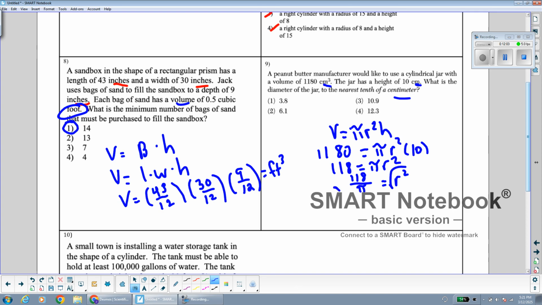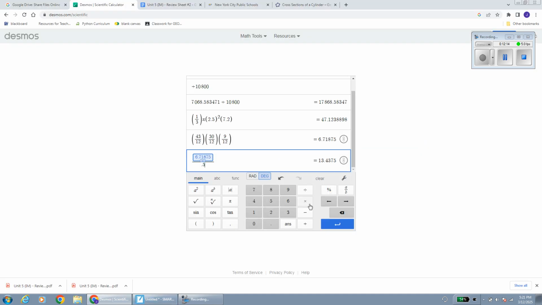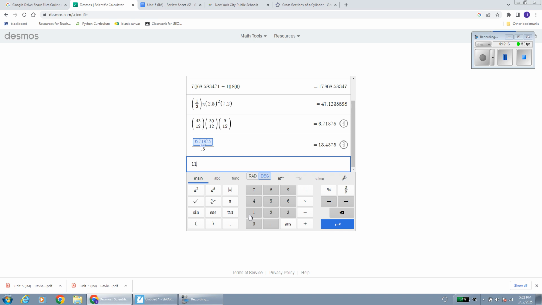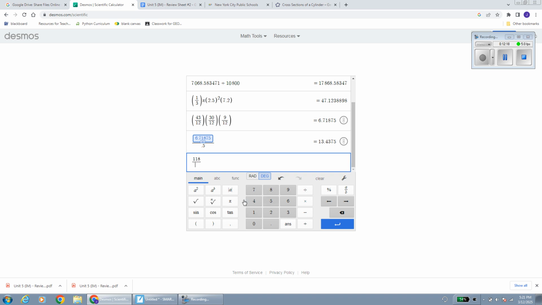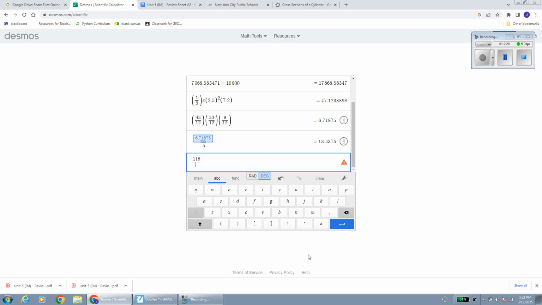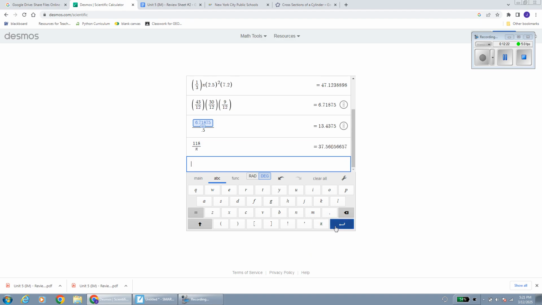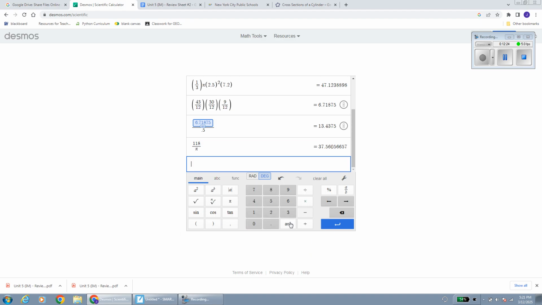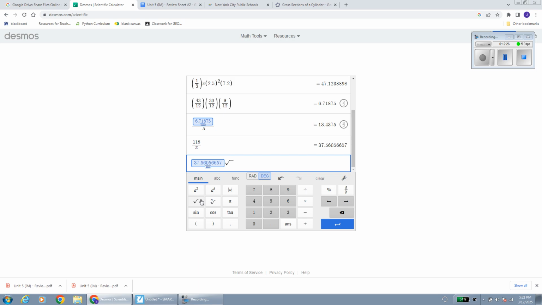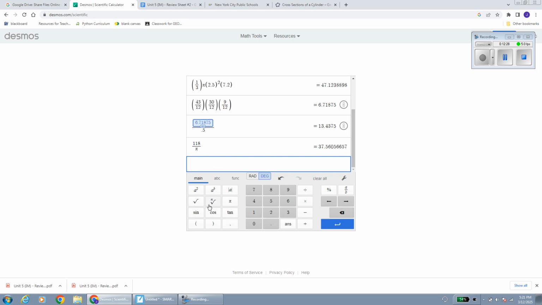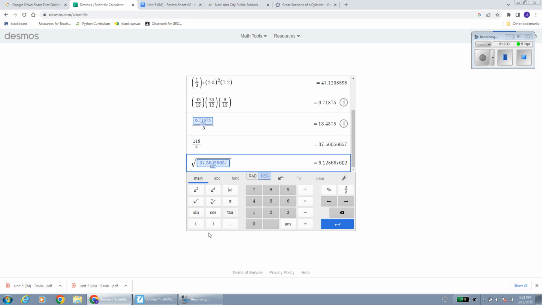And then if I take the square root of both sides, I have this. And it does say to round, so I'm going to type that into the calculator. About 6.1.